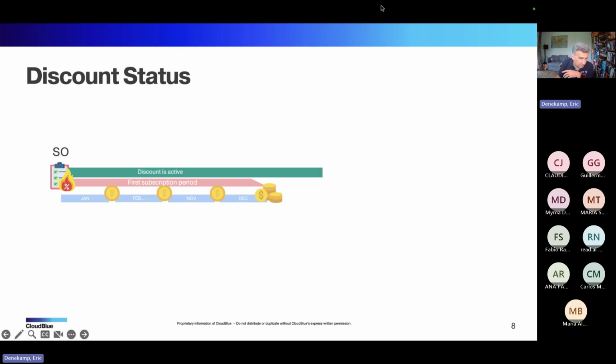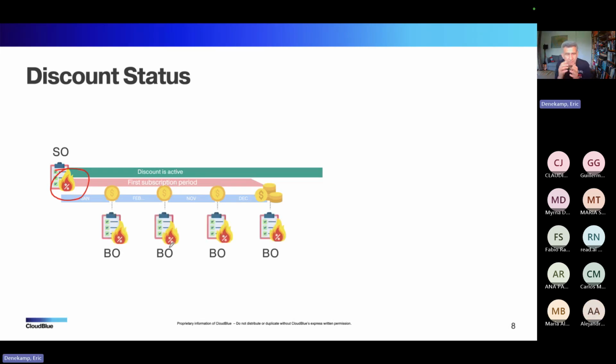That's why the percentage is there. And until the discount is deactivated, all billing orders will contain that reduced price, meaning that every recurring billing event will use the discount, because every time the discount is calculated again.